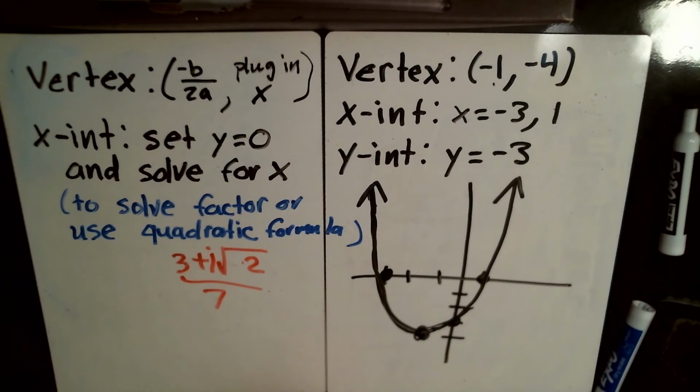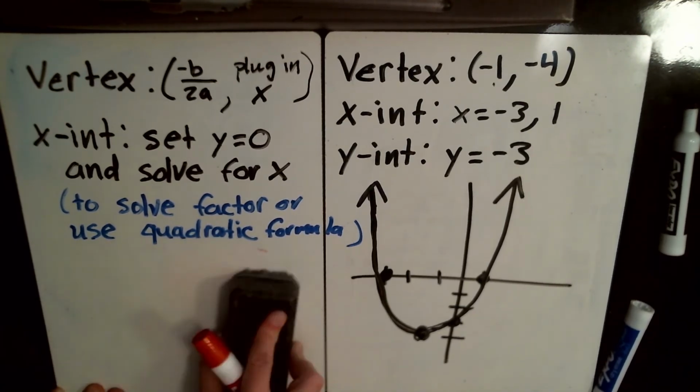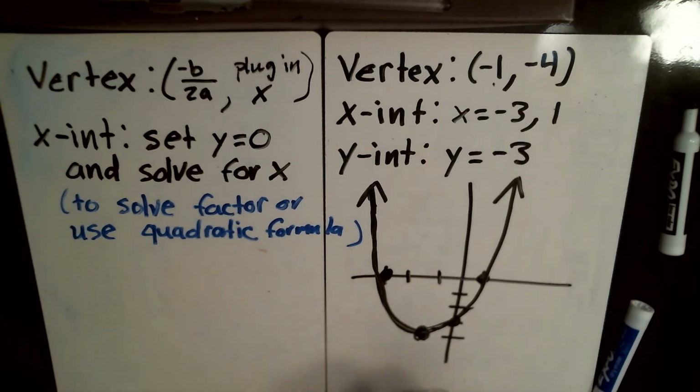It's not real, so there would be no x-intercepts in that case. If you got imaginary x-intercepts, then it wouldn't touch the x-axis anywhere. It would be above it.